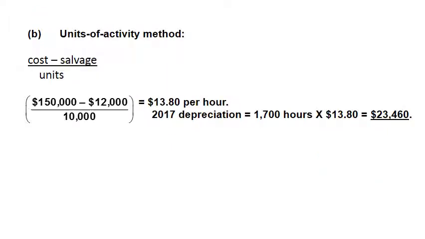All right, the next one they asked us to do is the units of activity method. Units of activity looks very similar to straight line. Once again, it's cost minus salvage. That gives us our depreciable cost, or our depreciable base, and you divide by units. In this case, it's 10,000 working hours.